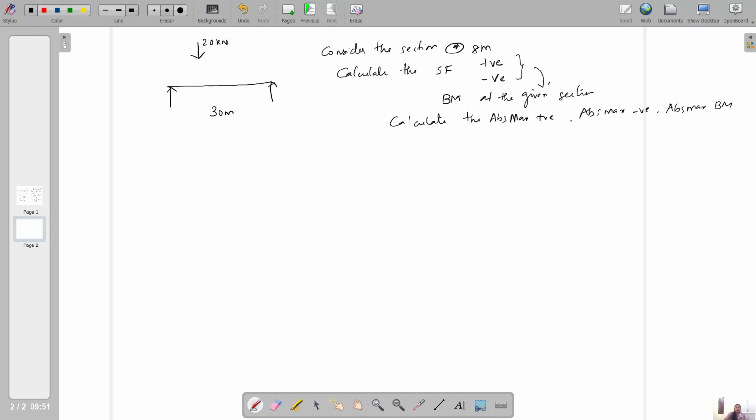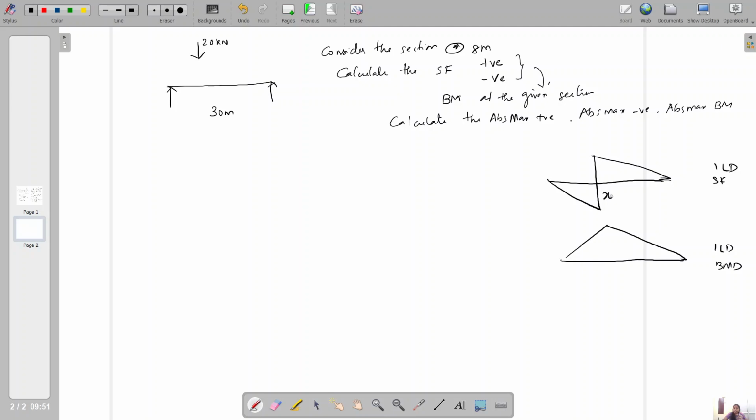First of all, we have to keep in mind that the ILD diagram for the shear force is this. Throughout this unit, we are going to use this diagram, and the ILD diagram for bending moment is this. So this is the ILD for shear force variation and the ILD for BMD variation.